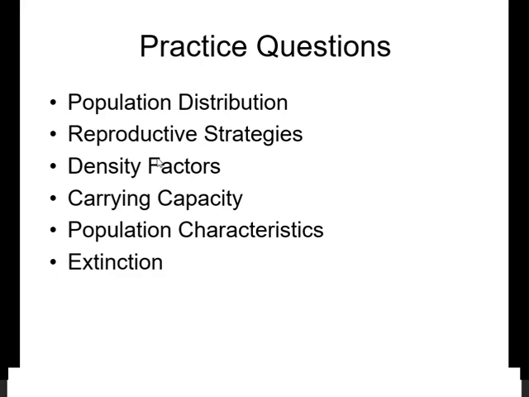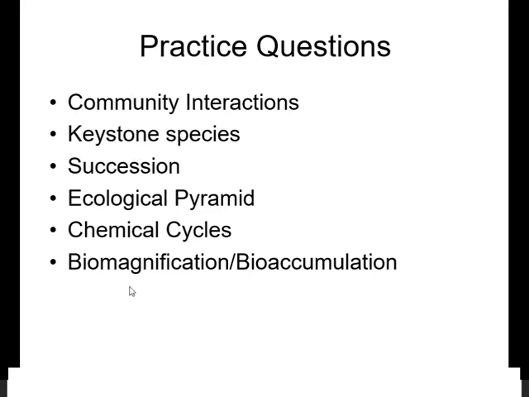You're not going to have 6 questions on the first half, you'll have 4. And on the second half, you basically have a question on each of these concepts: one on community interactions, one on keystone species, one on succession, one on the ecological pyramid, one on chemical cycles, and one on the difference between biomagnification and bioaccumulation. So that's the distribution of the questions on the quiz.